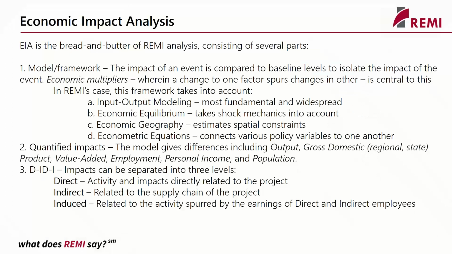So some more specific details on economic impact analysis. Obviously here at REMI, that's kind of our bread and butter. That's what we do. It has a few different components and also characteristics and ideas to keep in mind. First we need some form of model or framework. A basic component or concept within this model or framework is the idea of economic multipliers.